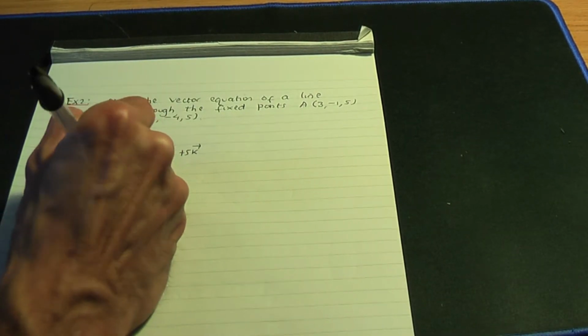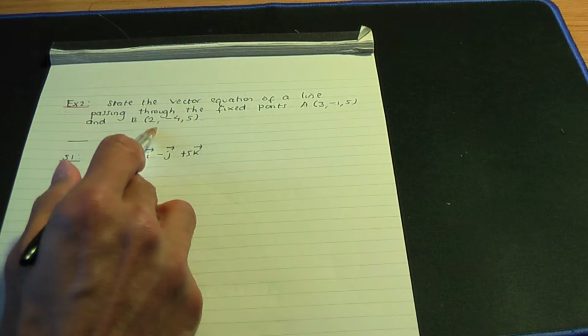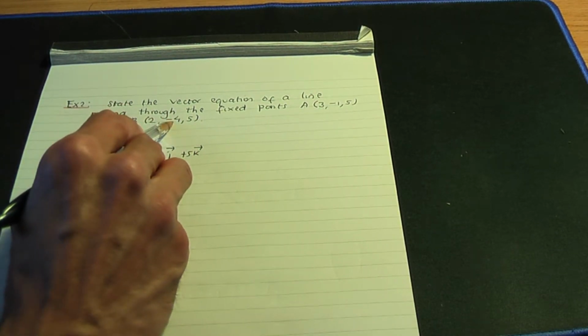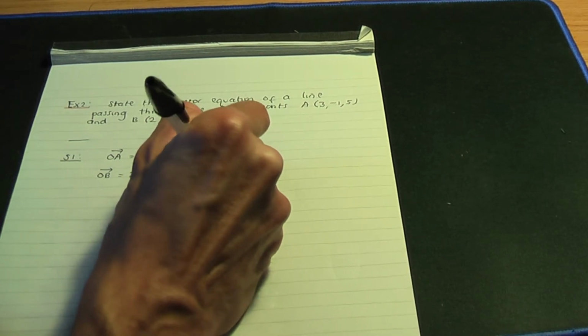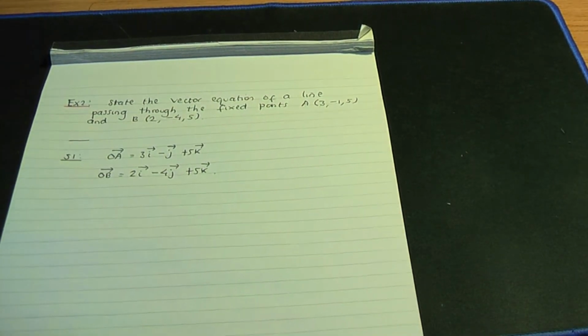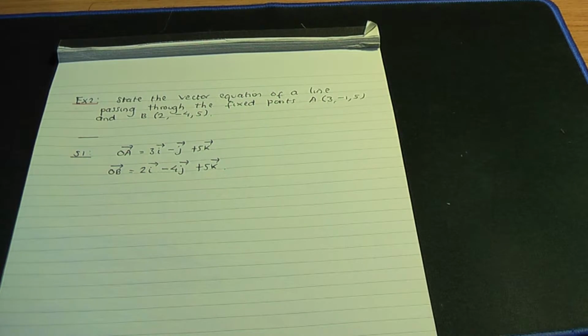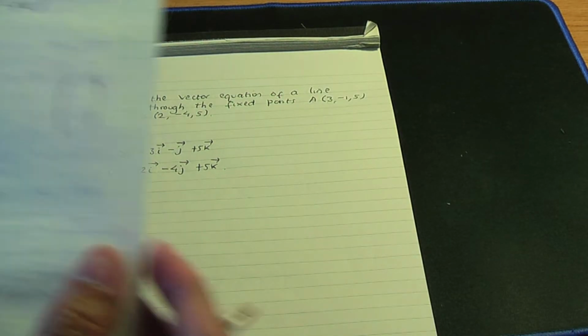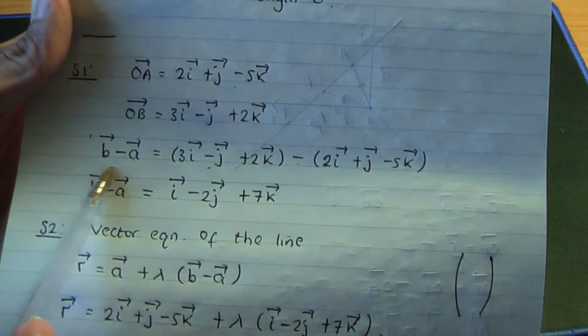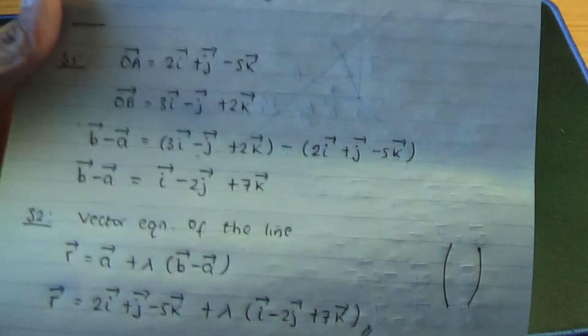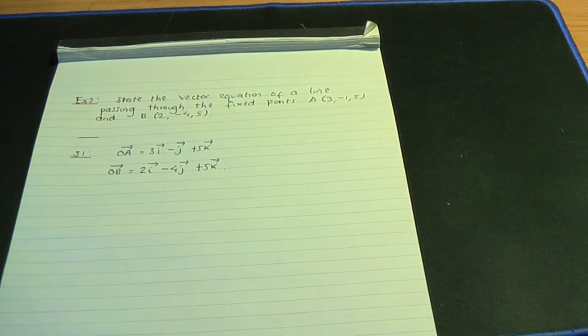And the vector OB, so B written as a position vector, would be 2i minus 4j plus 5k. Remember, step number 1 is to work out b minus a, so that's what I'm going to do right now.